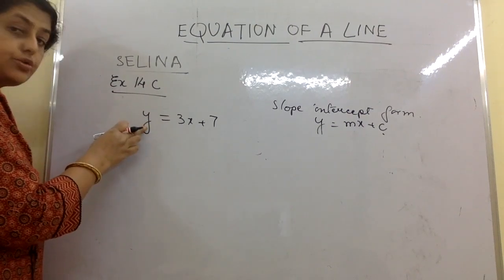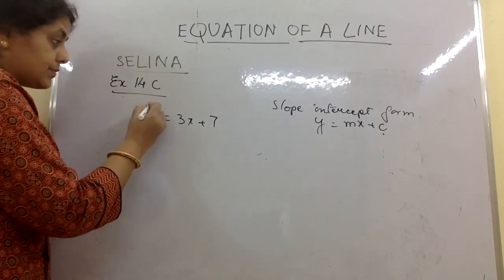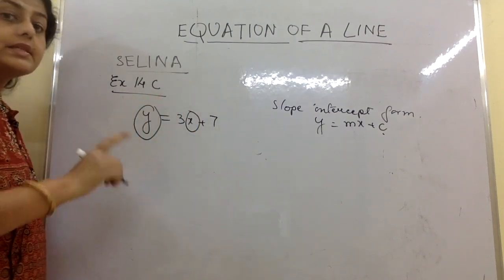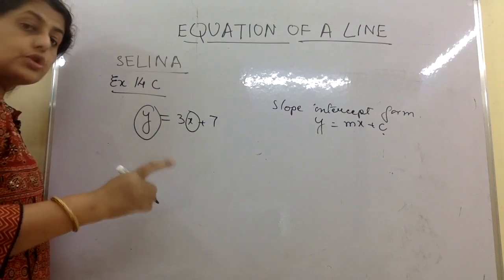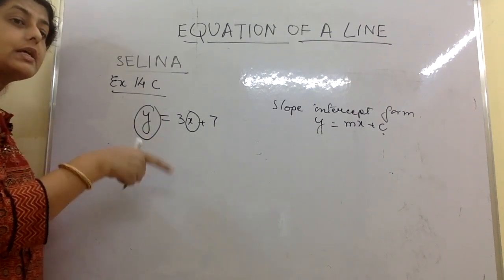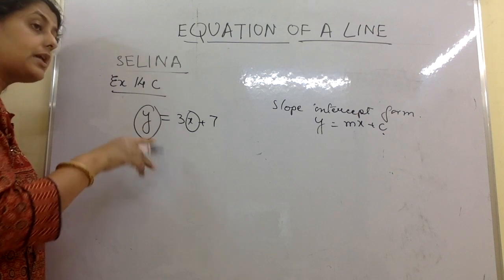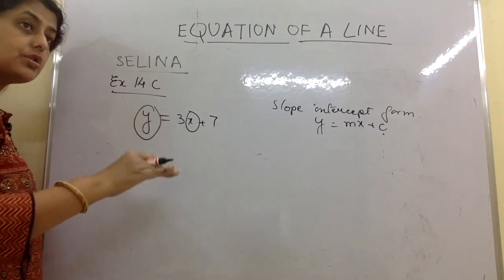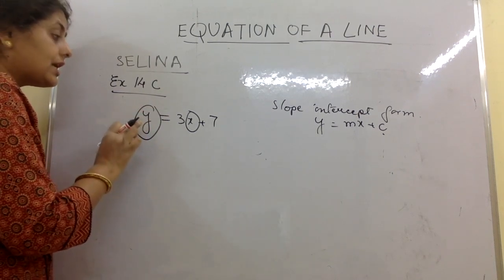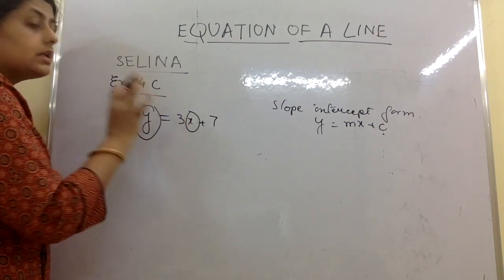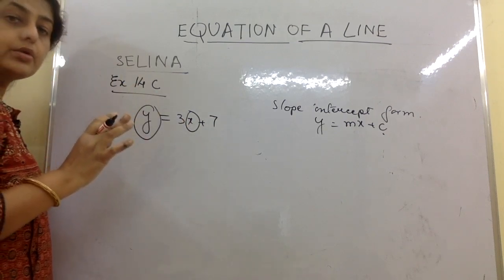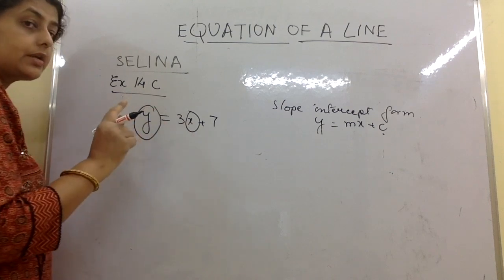You should only have variables in these places, there should be no values. You can put values here and try to get something else, but at the end when you write the equation of the line, you should not have any numbers here, only x and y.